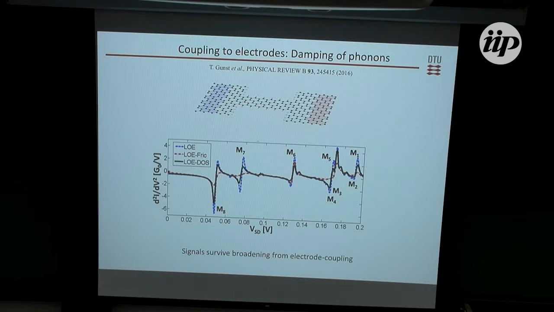And here we show the results where we have broadened the vibrations either with this ohmic friction model or with a more accurate imaginary part of the phonon density of states. And you see that they survive. Some survive better than others, so there's another selection rule which comes in due to this. But we think that in such structures this could be a powerful technique. We hope somebody will do the experiments.